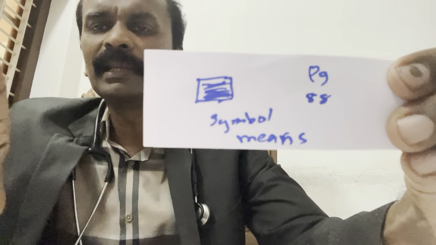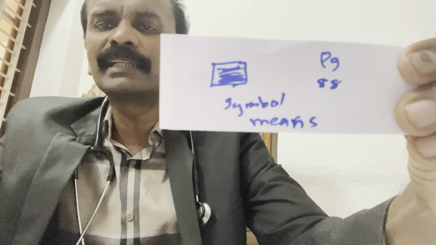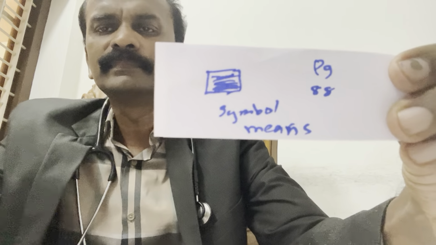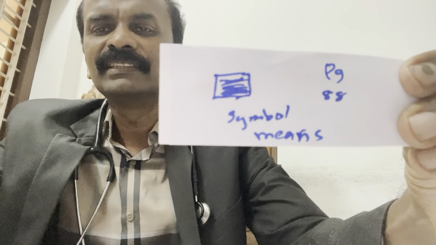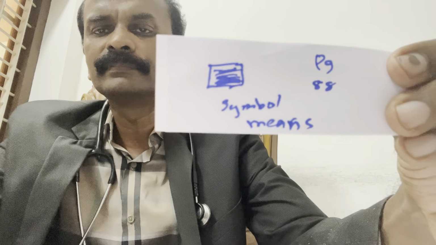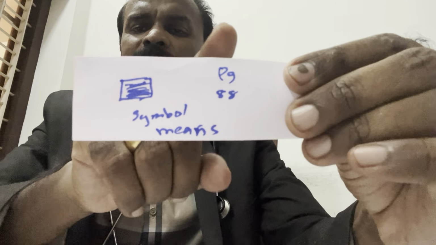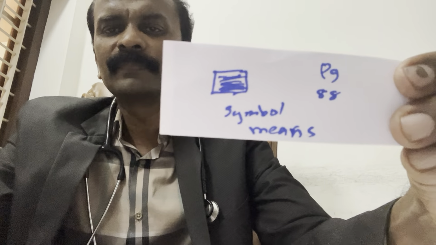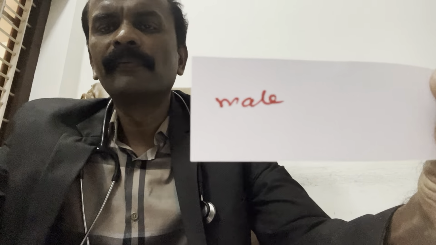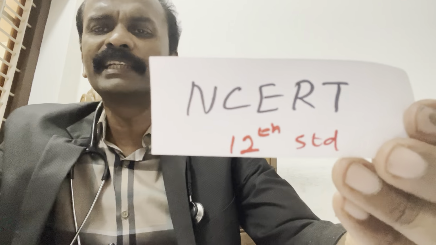This square symbol, blue color, means what? In a pedigree chart, square blue color means male. See, all the MCQs I have prepared from your NCERT 12th standard textbook.